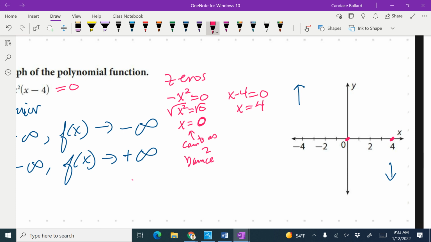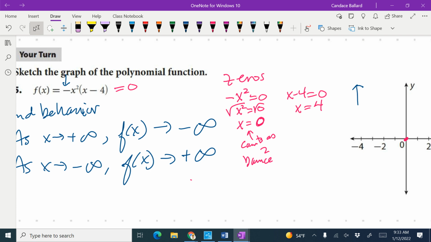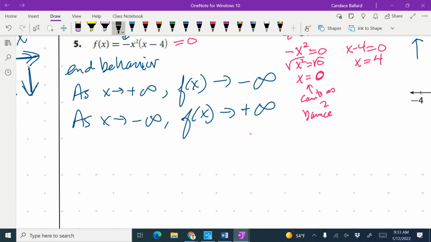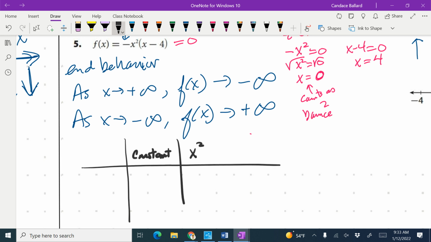Okay. All right. The last thing we did was we looked at the signs. So I'm going to try to set up a chart that's kind of similar to what we were doing yesterday. And again, this is making sure we got all the little nitty gritty details. So we know that we have our constant factor, we have x squared, we have x minus 4, and then I'm just going to call it f of x because it's the whole thing together.